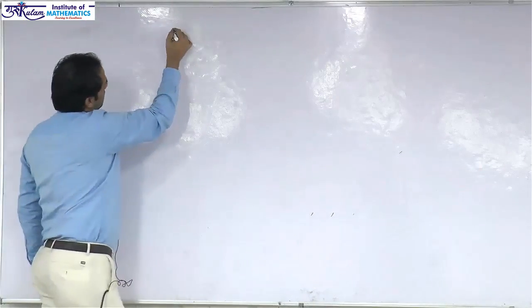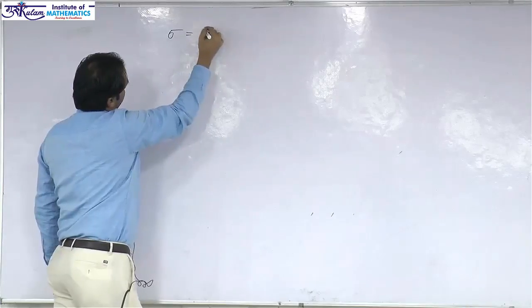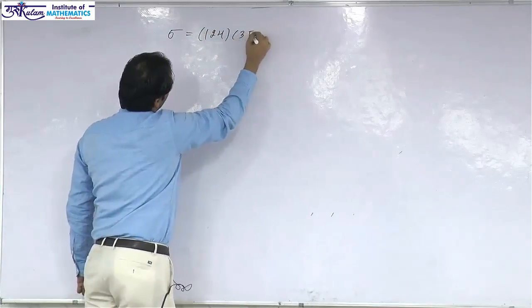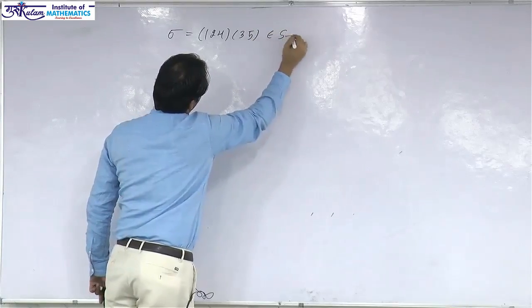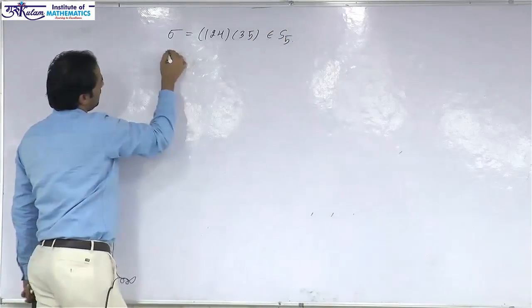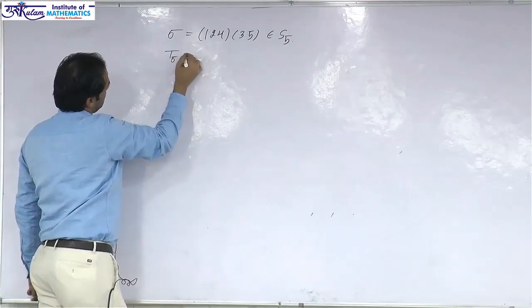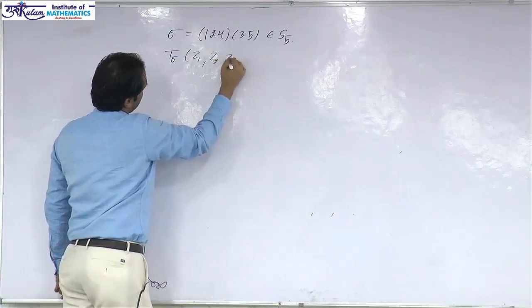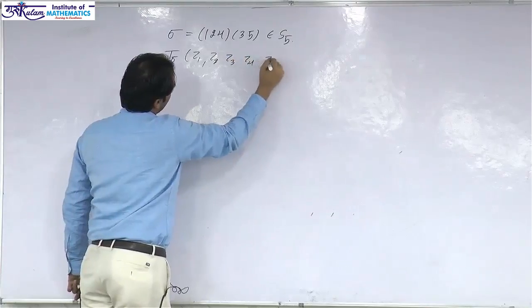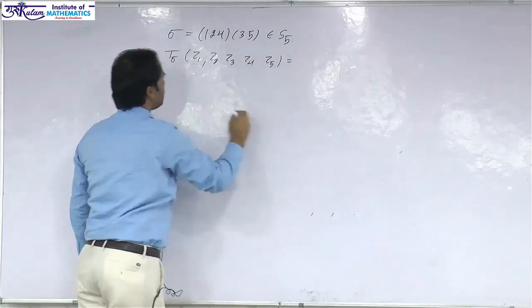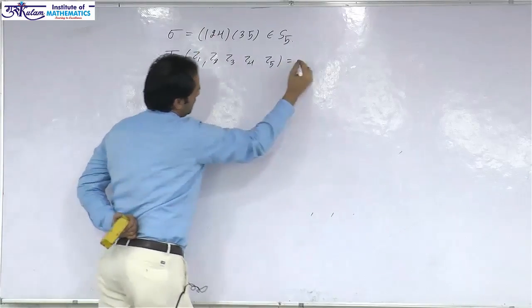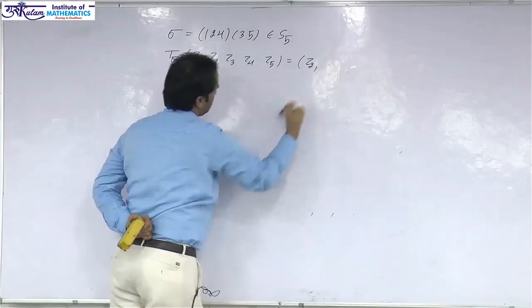Let sigma be 1 2 4 3 5 belonging to S5, and the corresponding T sigma of Z1, Z2, Z3, Z4, Z5: the image of 1 is 2, so the first component is Z2.